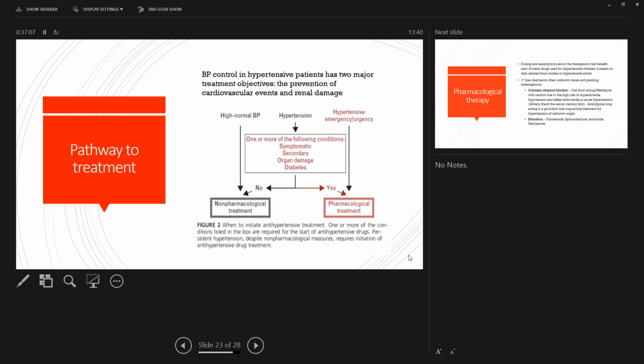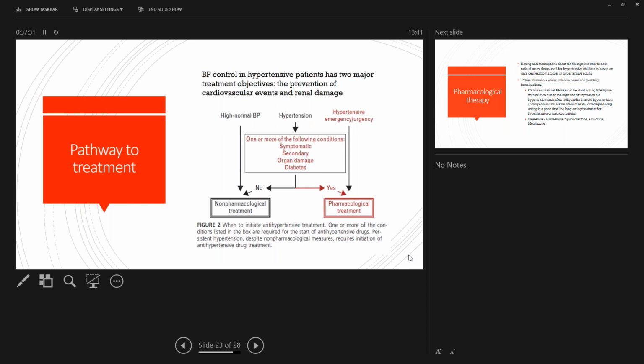And then renal damage. If you have a patient that has an underlying chronic renal condition, hypertension can not only be a result of that, but can be a causative factor. So for the child who does have an underlying chronic condition, hypertension is very much important to manage to slow the progression of chronic kidney disease.